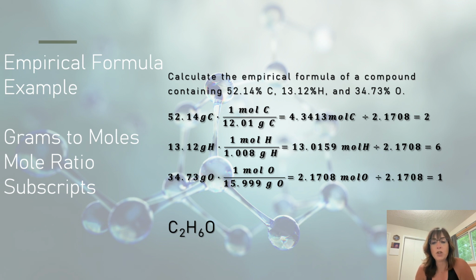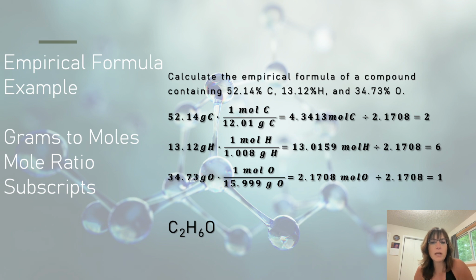So really you have 52.14 grams of carbon. Turn that into moles of carbon. Notice again, I wrote 4.3413. I went to at least 4 decimal places. Trust me on this. Do not round it too quickly. I did the same thing for H and O.